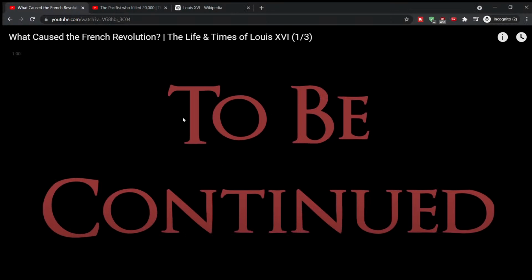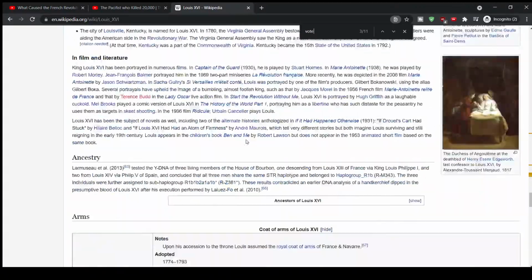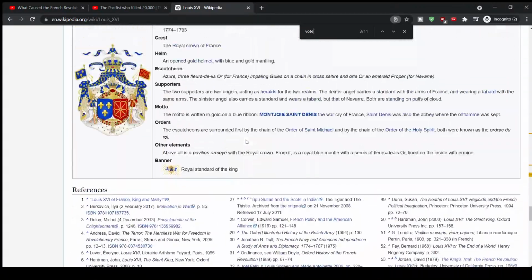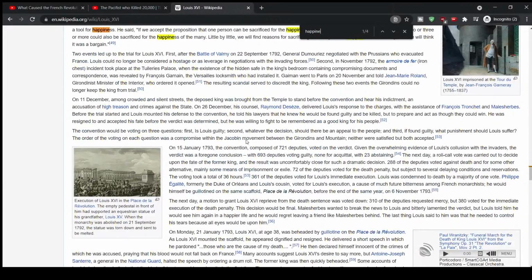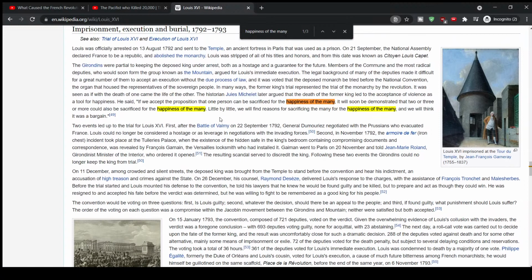So those aren't exactly his last words. That is sort of a paraphrasing of his last words. I think that it's even on Wikipedia or something. Yeah. So some of that was lifted directly, like the little by little we'll find reasons for sacrificing the many. The rest of it was sort of condensed a little bit.